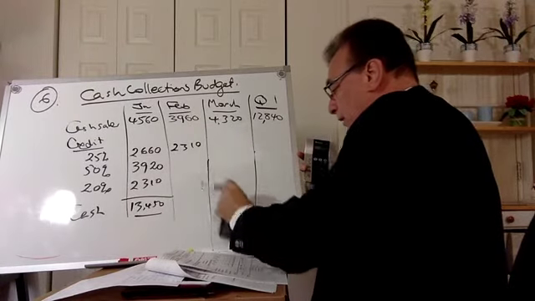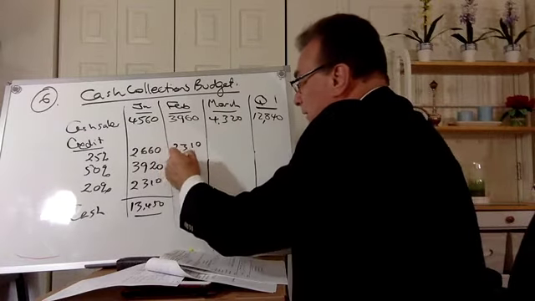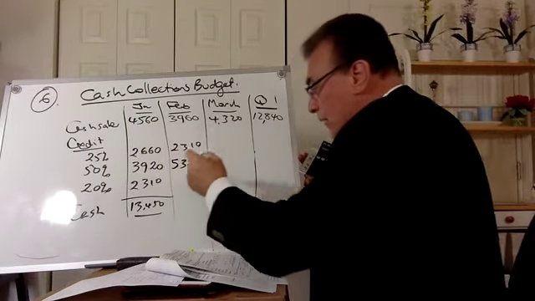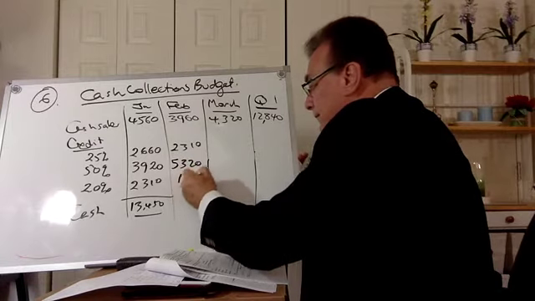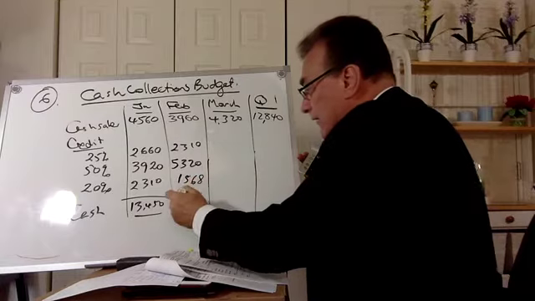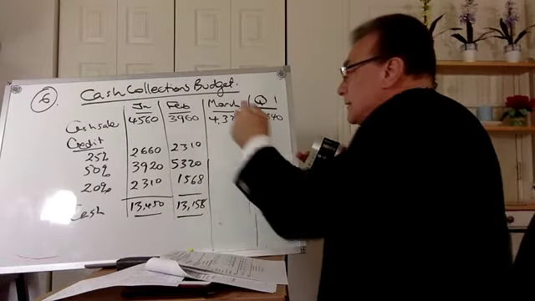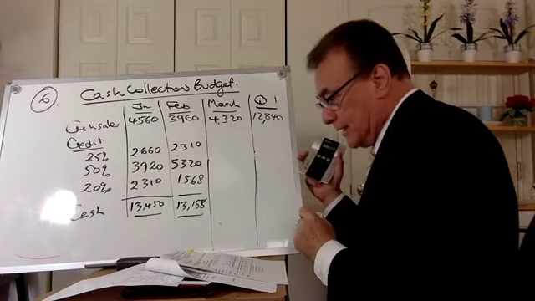So if we work it all the way through, just following that, we'll get 5320 here, 1568 here, total being for February cash collections 13,158. March 4320, we've got that.